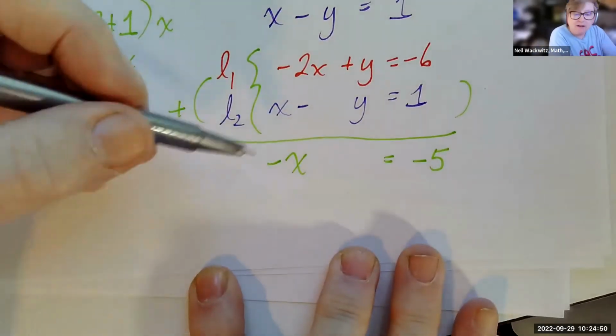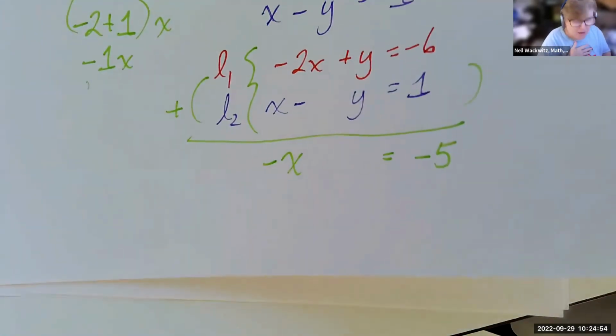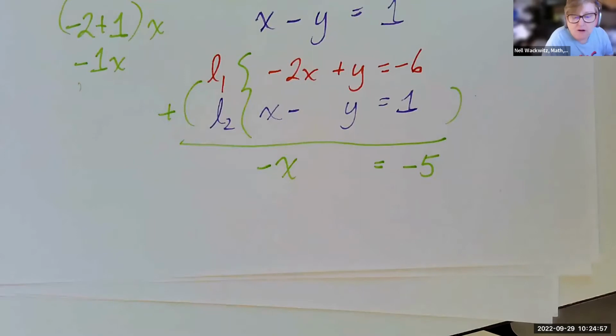Okay, so I've got -x equals -5. I want positive x. So how do I find positive x if I know negative x?